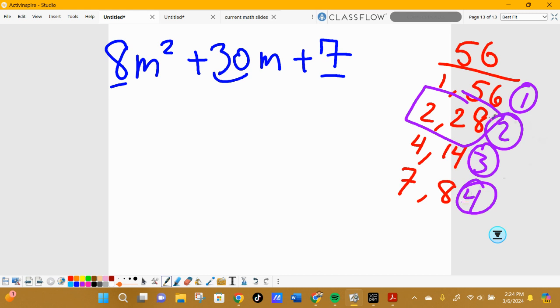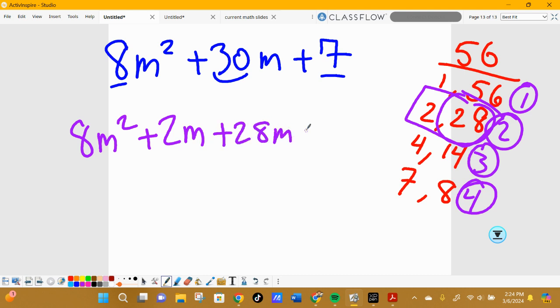Luckily, 2 and 28 equals 30. So let's break this down into 8m squared plus 2m, because 28 goes much better with 7, plus 28m plus 7.